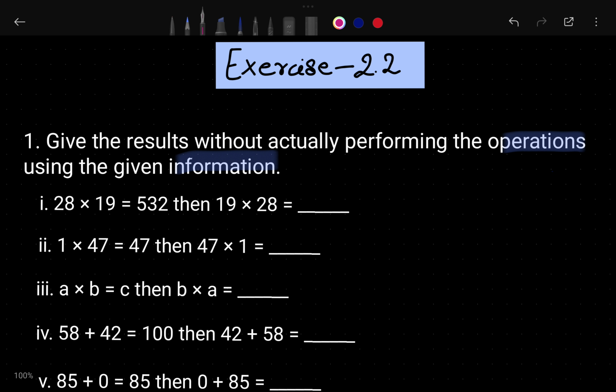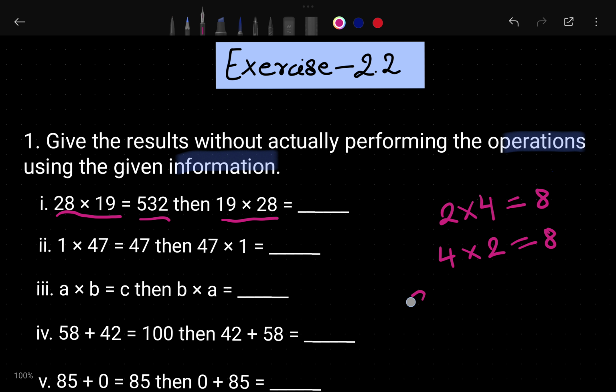So this is the first question. 28 multiplied by 19 is 532, that's good. When you multiply 19 into 28, the answer will be the same, because we know that if you multiply 2 into 4, that is going to be 8 only. If you multiply 4 into 2, if you change that, then the answer will be the same, nothing will happen to the answer.